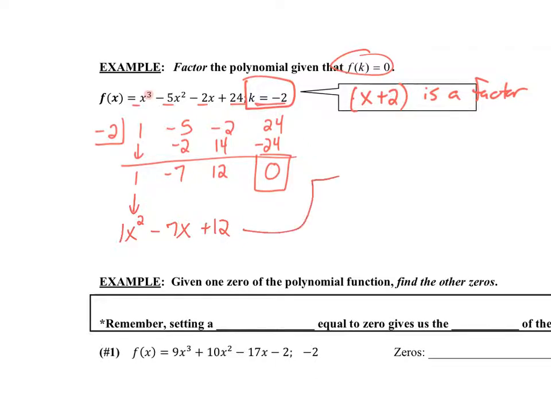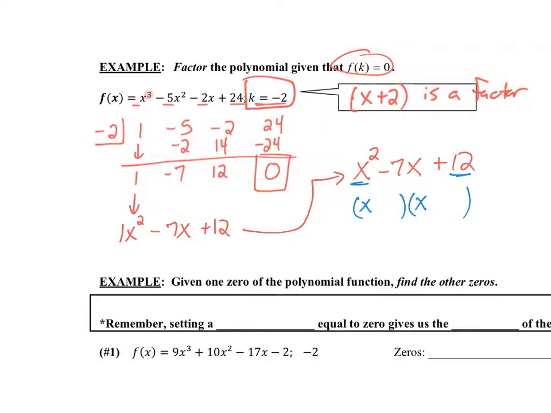So what we have to do now is factor this polynomial, x squared minus 7x plus 12, if possible. So if we factor this, there are 3 terms. We're going to do the smiley face method. What multiplies to x squared? X times x. What multiplies to 12?